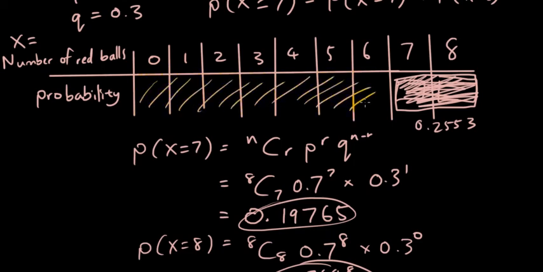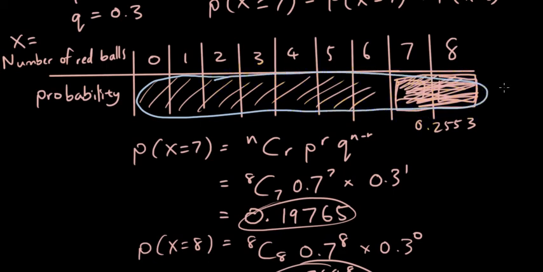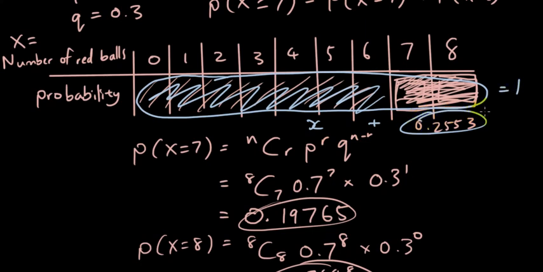Now from the concept of probability distributions, you'd know that the probability of the whole sample space, all of this, must add up to 1. Therefore, whatever is in this section here plus this must equal 1.